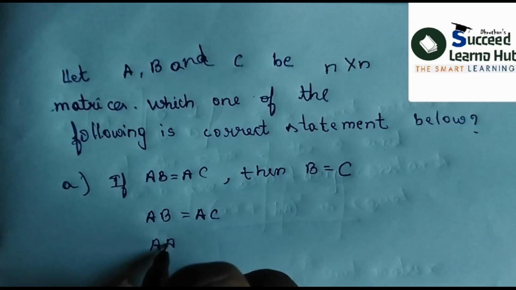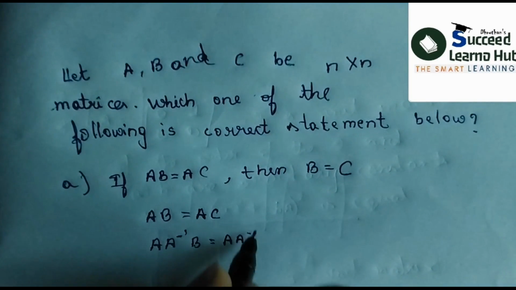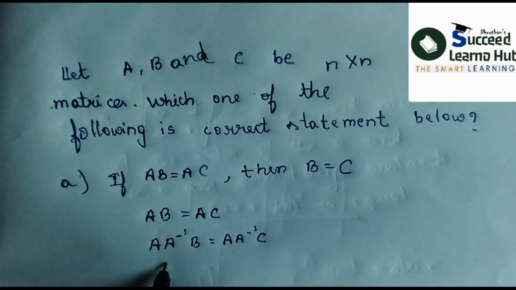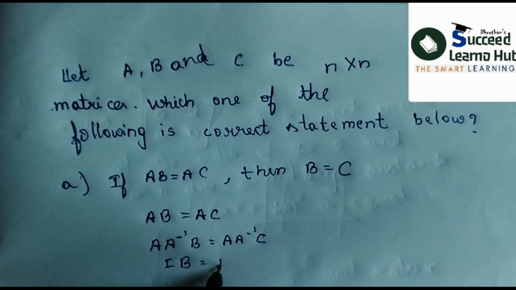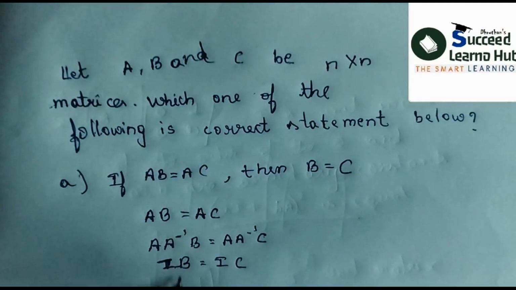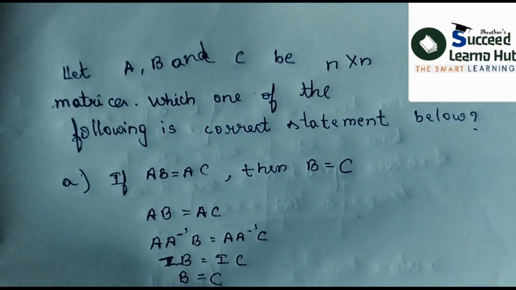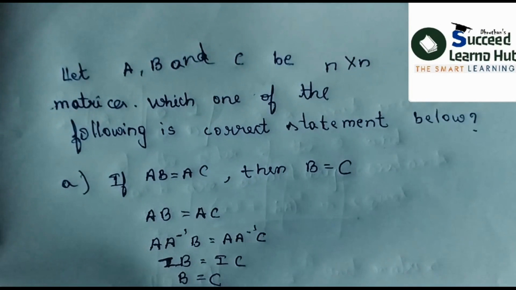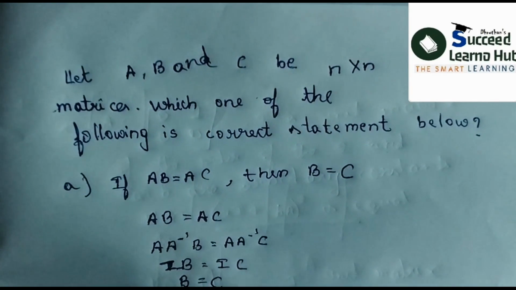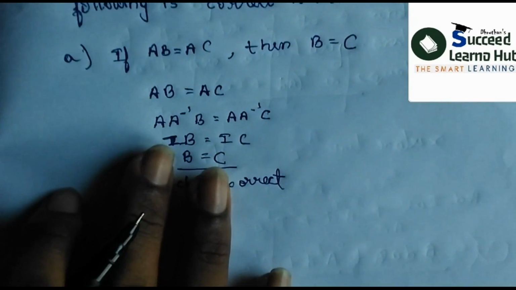A inverse AB equals A inverse AC, which becomes IB is equal to IC, where I is the identity matrix. Any matrix multiplied by the identity matrix is the matrix itself, which is correct. So option A is a correct answer.